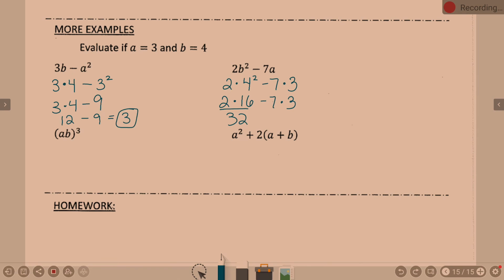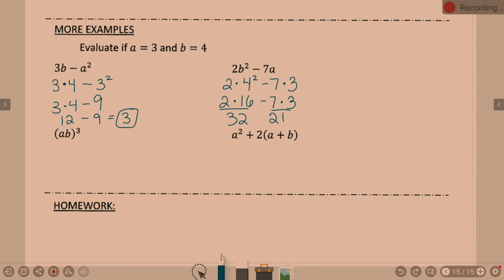Okay? So, I had 2 times 16 minus 7 times 3. Robbie, you said Aunt Sally said multiplication and division, right? So you multiplied 2 times 16. Is there any other multiplication or division shown? So multiply 7 and 3. What is 7 times 3? 21.